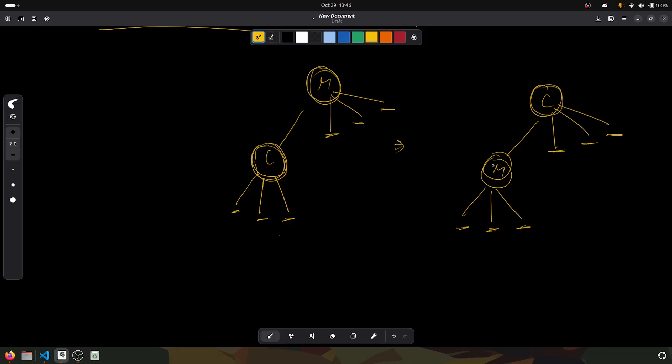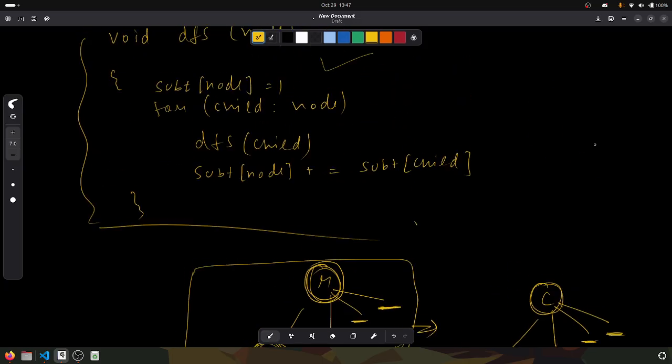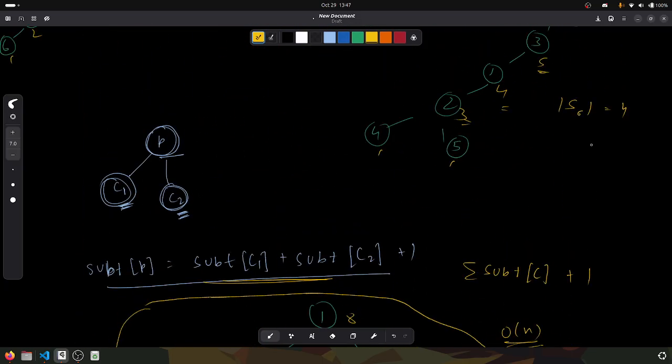So what we can do is, if we know the answer for this tree, we just need to update the values of these two for the new tree. We don't need to again check whether these subtrees have a value greater than or equal to k or not, because these subtrees are already the same. We don't need to recalculate this. Let's take an example here.